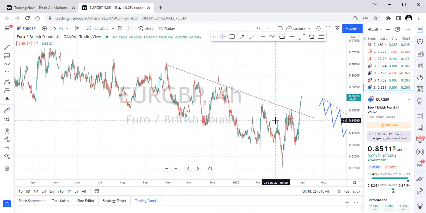But a valid trend line to me, a very significant trend line, is one with at least 3 touches. If I have 3 touches or more, I term that trend line a very valid one.